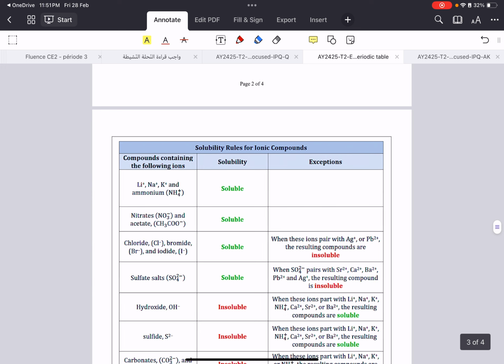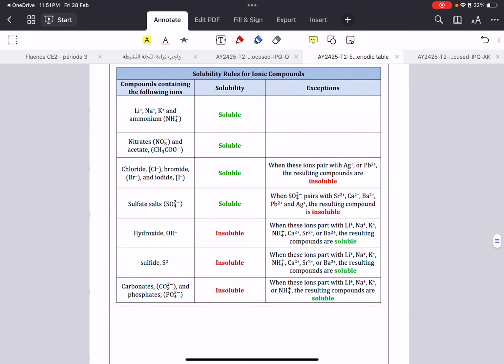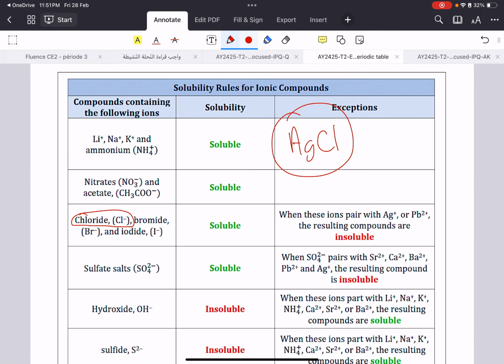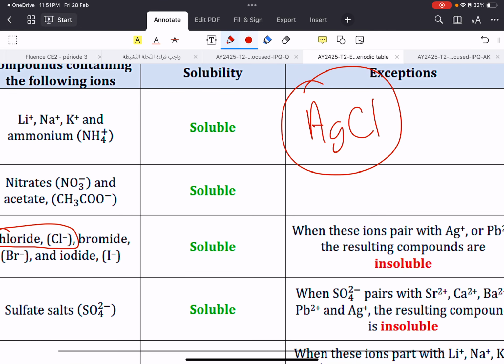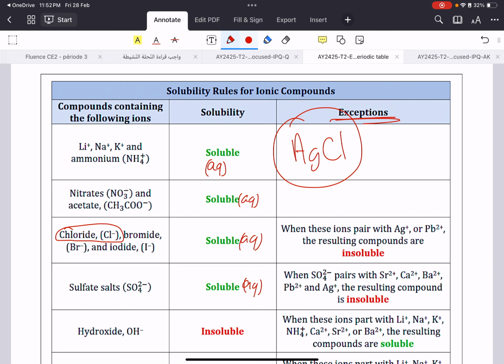So, if you open the solubility rules, the compound that we are checking is AgCl. You need to look for Ag and Cl. For example, here it says chloride ion is usually soluble. And when we say soluble, we mean aq. But there is an exception.